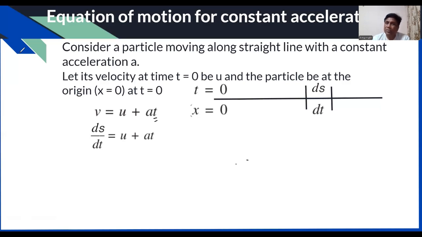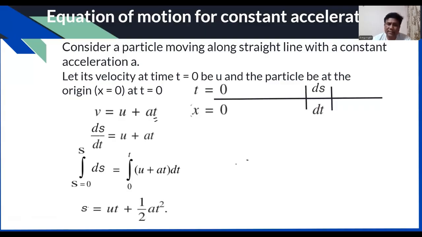So ds by dt is u plus at. So ds will be u plus at into dt. When the time was 0, the displacement was 0, and when the time is t, the displacement will be s. So let us just integrate it.